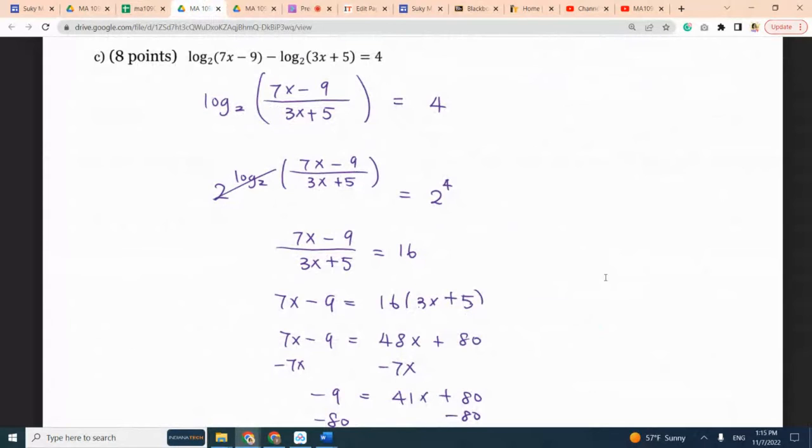Part C. We have a similar quiz problem, right? When you see subtraction, you combine them, it becomes division. And then to get rid of the log base 2, raise both sides to the power of 2. 2 to the 4 is 16. And then you distribute and solve for x.